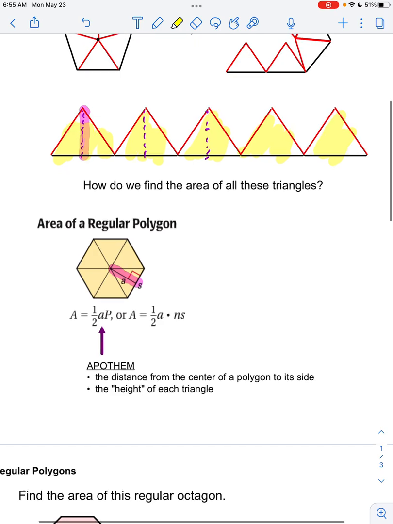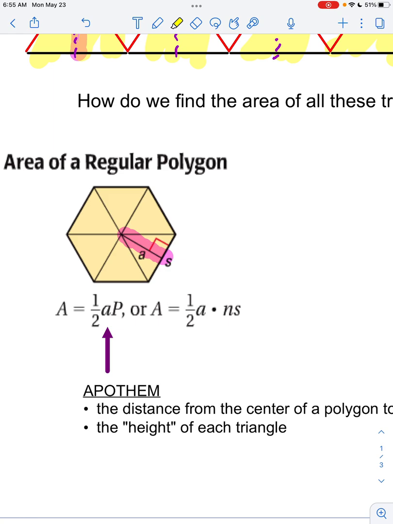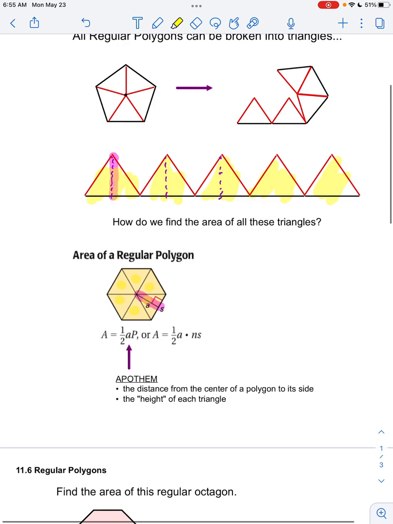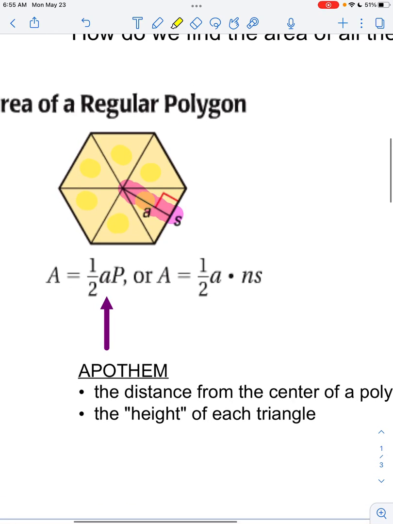Well, in this example right here, my base is S, my height is A, but then I also have 1, 2, 3, 4, 5, 6 triangles here. So this bottom part, the base of all our triangles, is kind of also like the perimeter. So I could take 1/2 my apothem times the perimeter. That would give me the area, 1/2 the apothem times the perimeter.